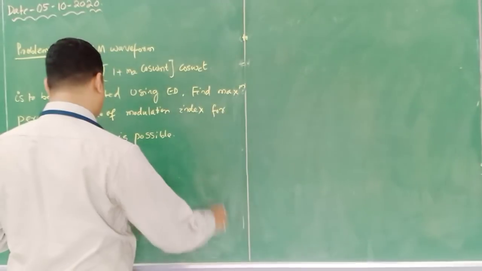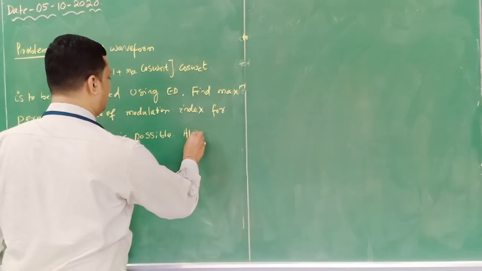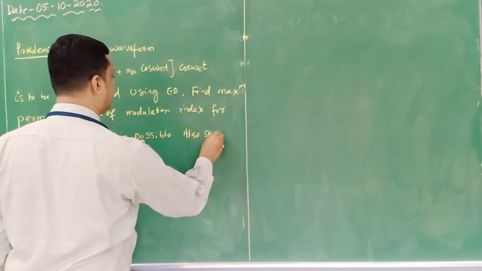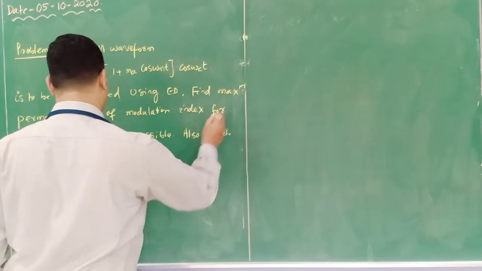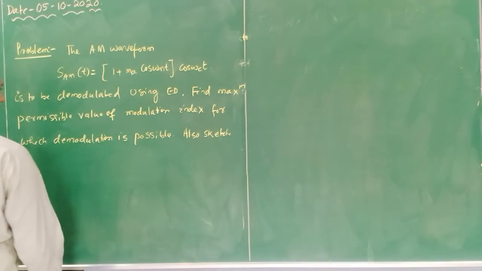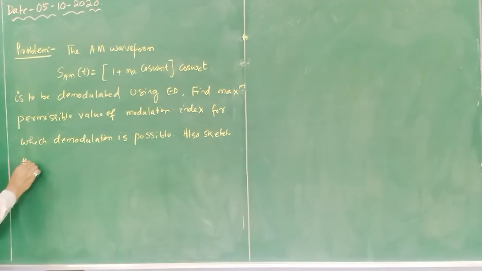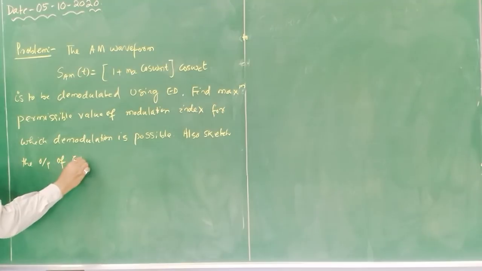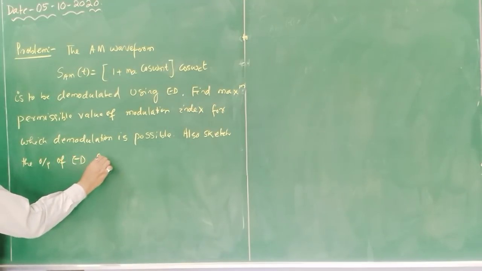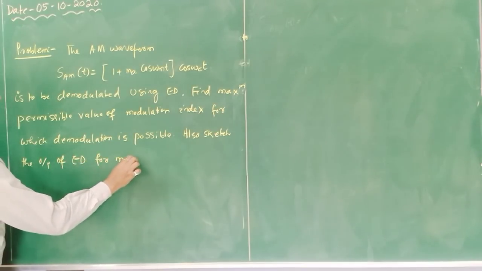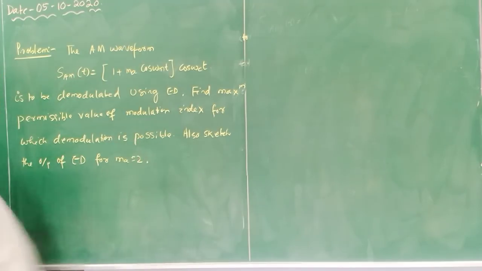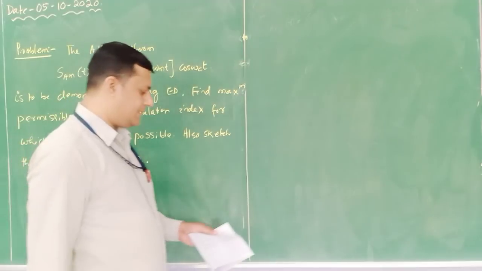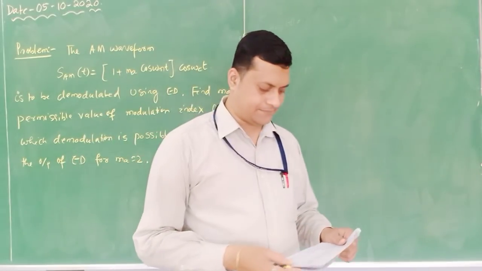And next, also sketch the output of the envelope detector for modulation index equal to 2. Okay, so this is the given question.